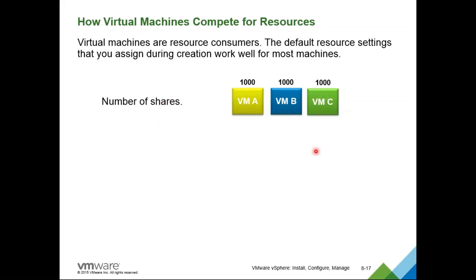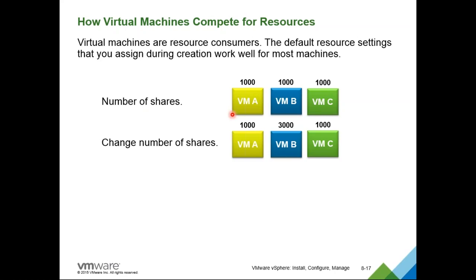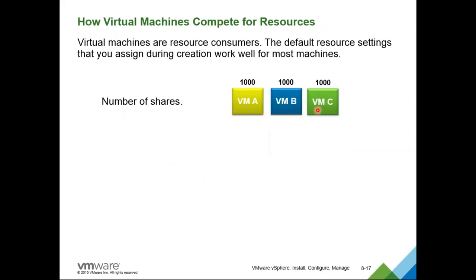We have three VMs, VM A, B and C. Each VM has a thousand shares. This is the default. When you create the virtual machine, by default the shares will be created as per your resources.